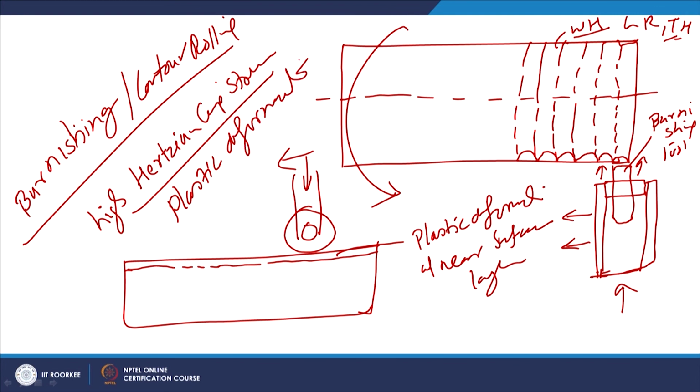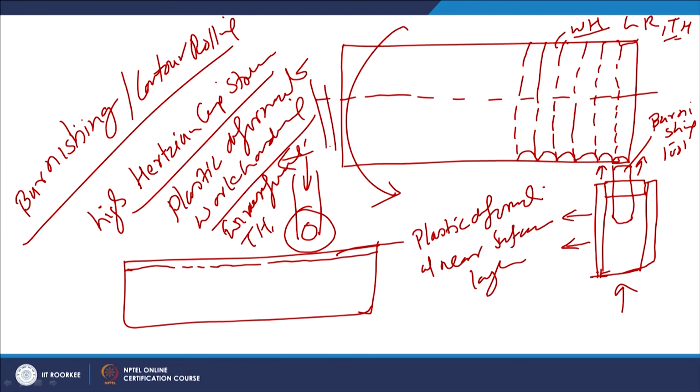This plastic deformation leads to work hardening of the material, as well as sometimes even grain refinement, and transformation hardening is also observed if the material has a tendency for deformation assisted hardening. These factors in turn will increase the hardness and the wear resistance of the material.